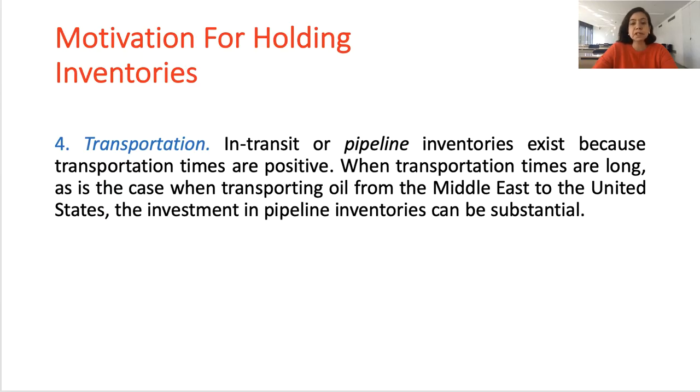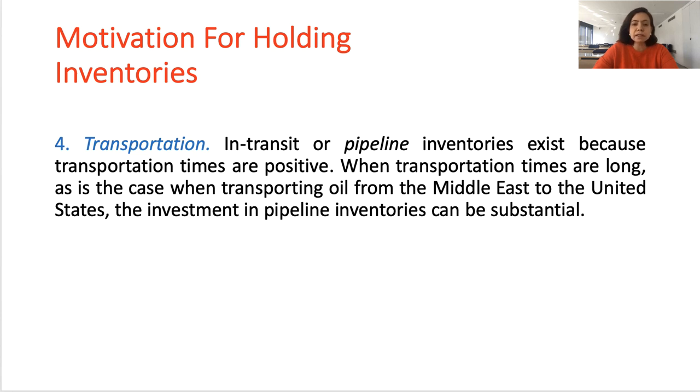Now, transportation. In transit or pipeline inventories exist because we have positive transportation times. When transportation times are long, during all this transportation time, in fact, we hold inventory. Think about the case of transporting oil from the Middle East to the United States.